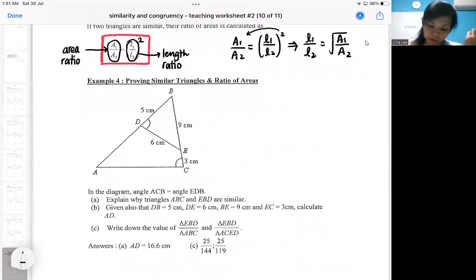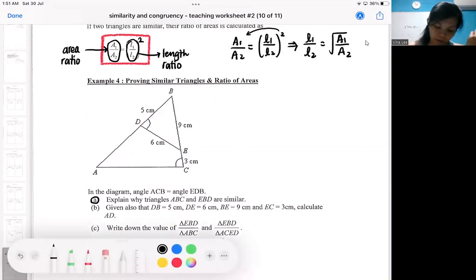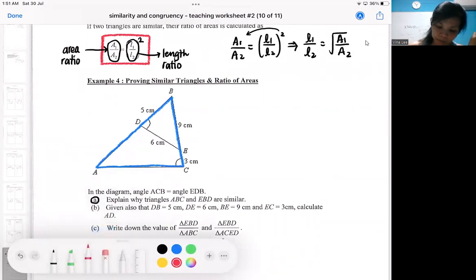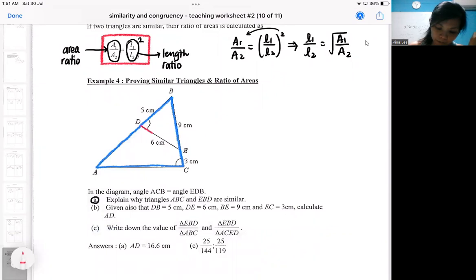Same thing here, we are going to prove similar triangles first. The proving is very similar to what we have done in one of the previous examples. This is the one where there's a common angle.